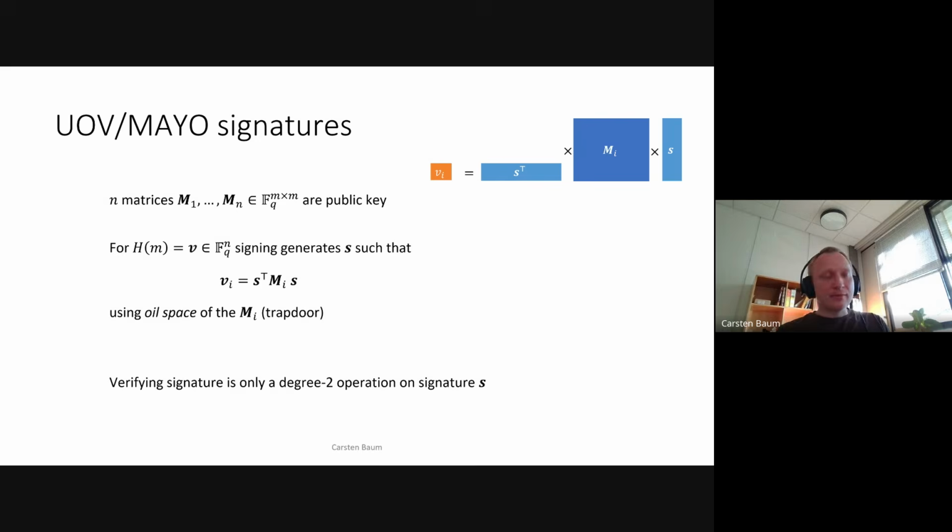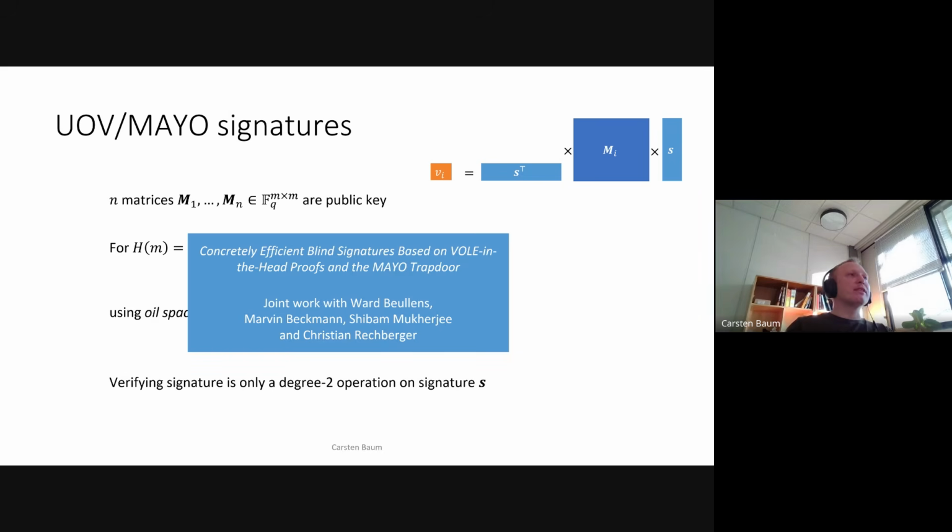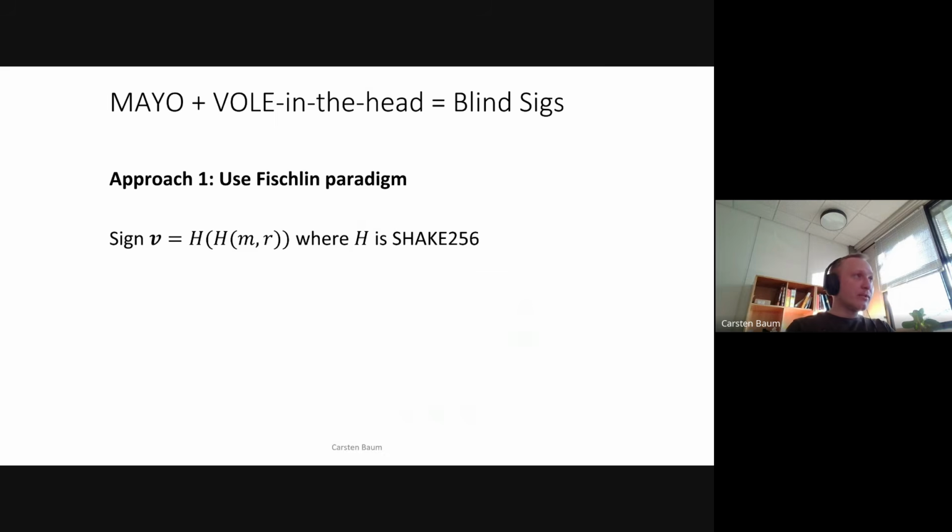So it's just a quadratic equation that you have to evaluate and compare with the hash of a message. And that's what we took as a starting point, and that's how we built a blind signature scheme. The first thing we did was we really took what Fischlin did and squeezed it into VOLE-in-the-head.